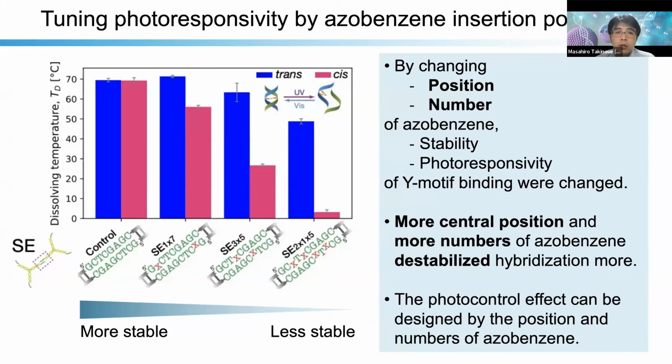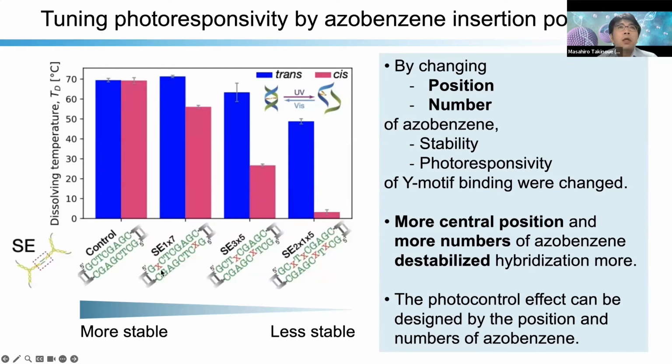And also, next we changed the azobenzene insertion position and numbers so that we could control the stability of the DNA hydrogel like this. This is the dissolving temperature here. By changing the insertion position or the number of the azobenzene, sorry, I didn't explain, the X part is the azobenzene here.